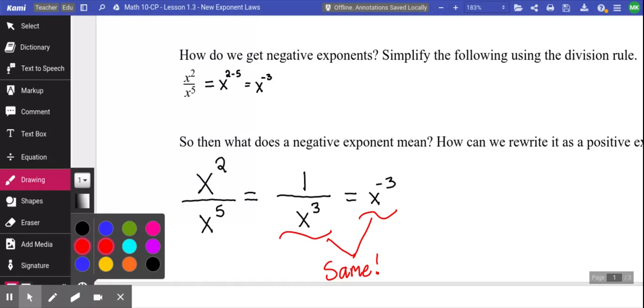This gives us our negative exponent rule. Our negative exponent rule means that if you have something with a negative value, you need to turn that thing into a fraction if it's not already, and you move that power to the other side of the fraction.